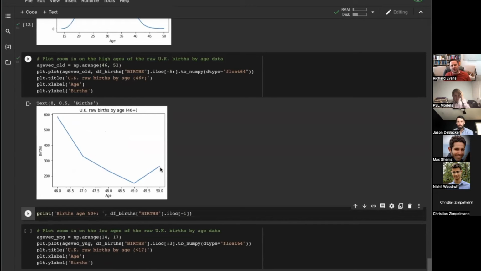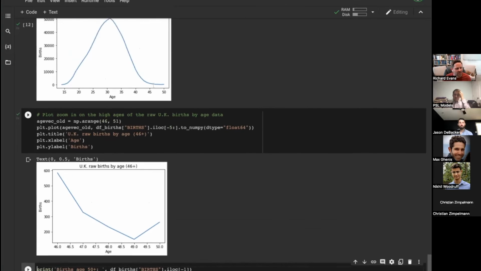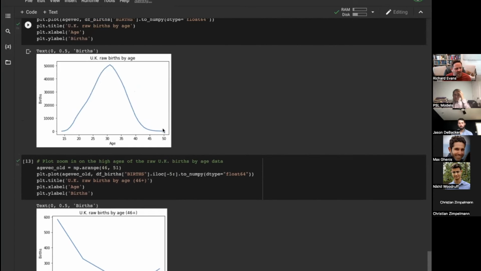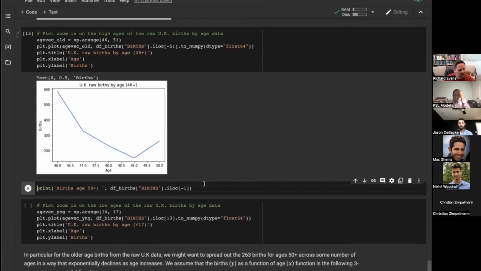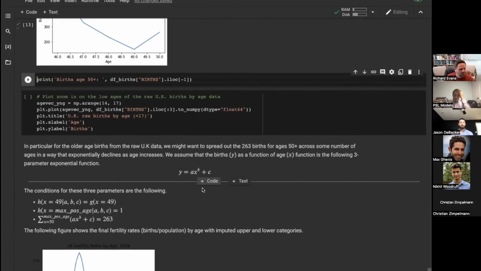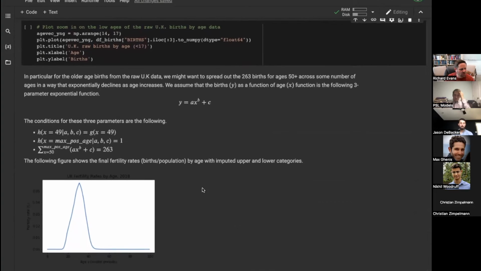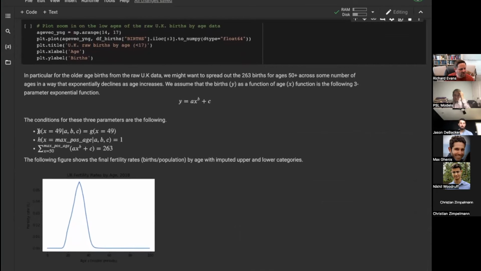What we really want to do is take those 263 births for 50 or greater and spread those out continuously to follow this downward pattern of fertility rates. You can see that downward pattern zoomed out here. And we want it to have the following properties: that at age 49, the parametrized function matches up with the data.